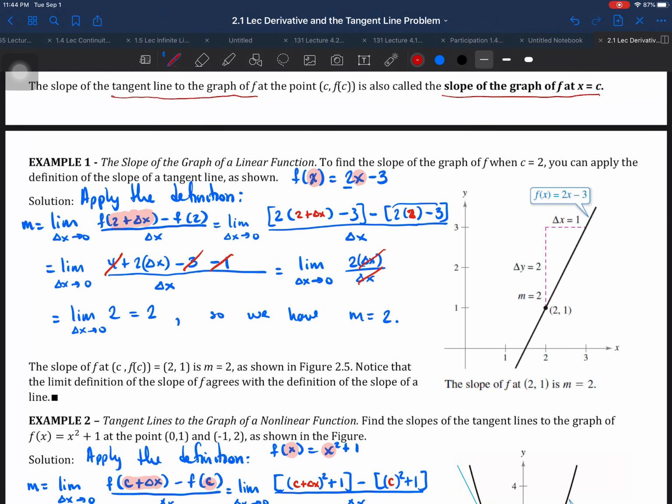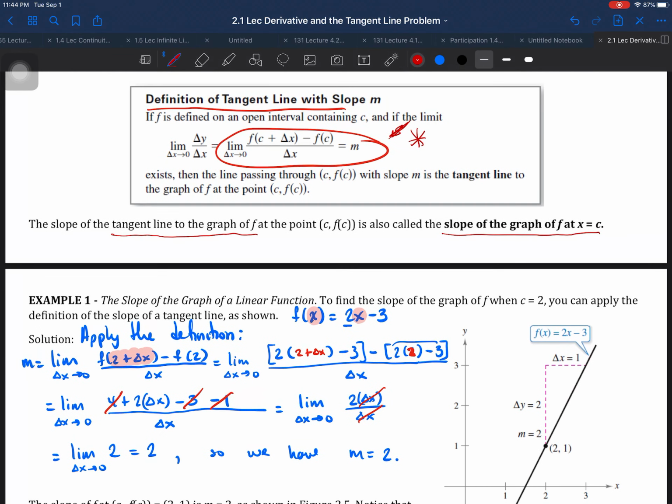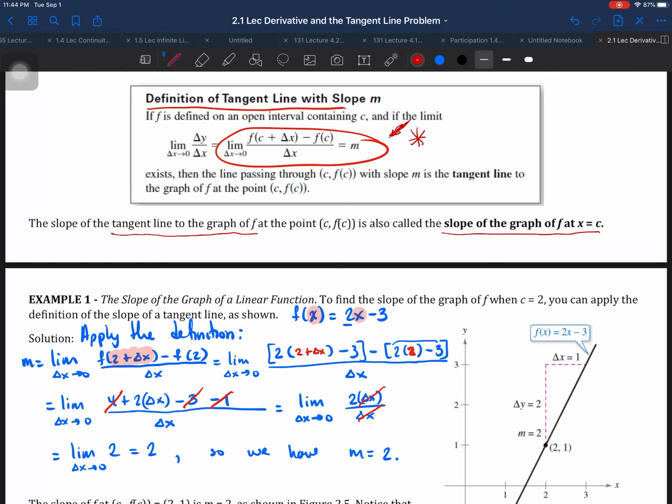So here we go. Let's apply the definition. We have that definition here. In this case, c is equal to 2, so that's going to go here and there, right? So let's apply that. We have m equals the limit as delta x goes to 0 of f of 2 plus delta x minus f of 2 all over delta x.